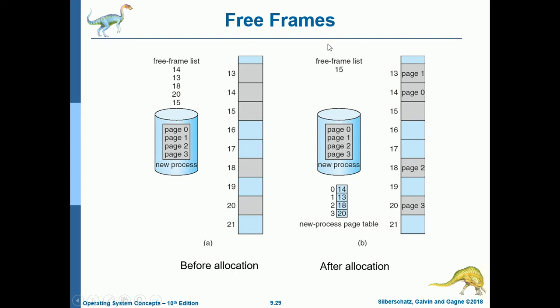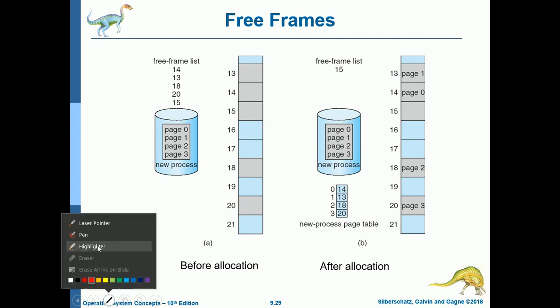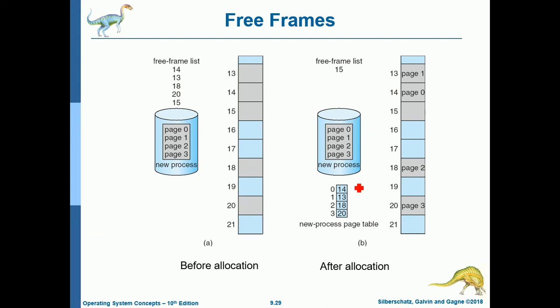Since we have a free frame list, we need frames for these pages. So page 0 will be assigned to frame number 14. Page 1 is in frame number 13.